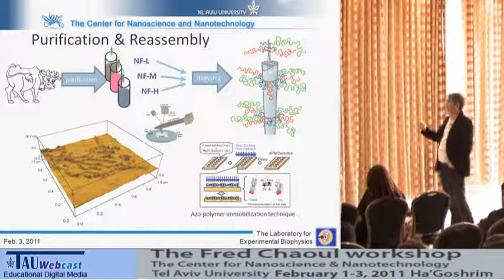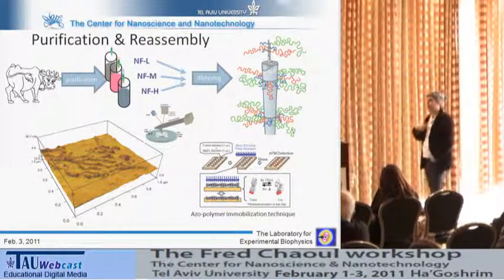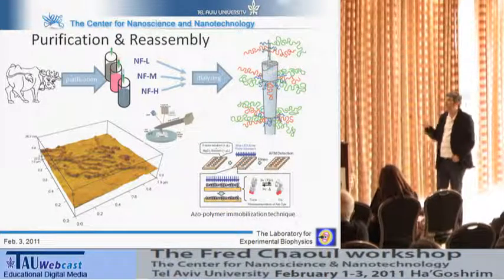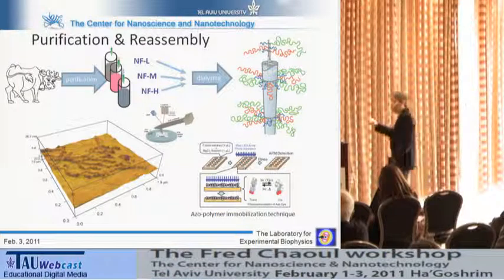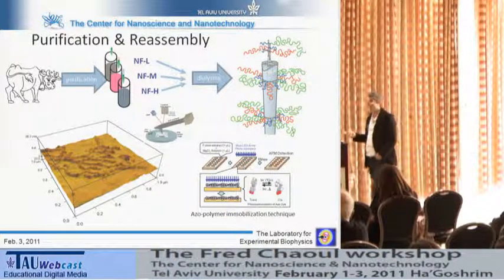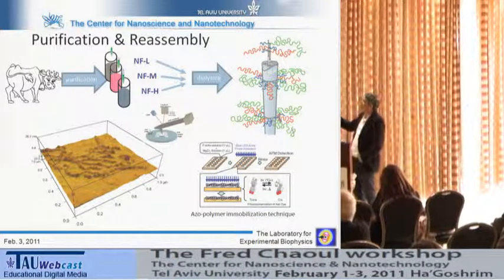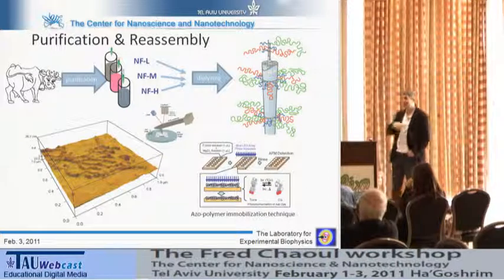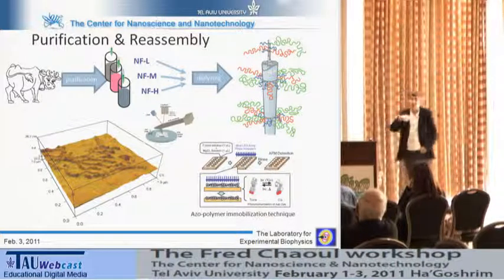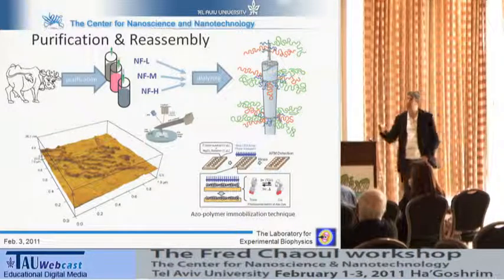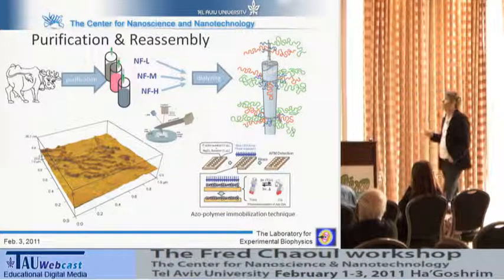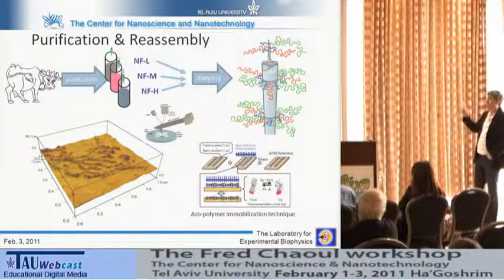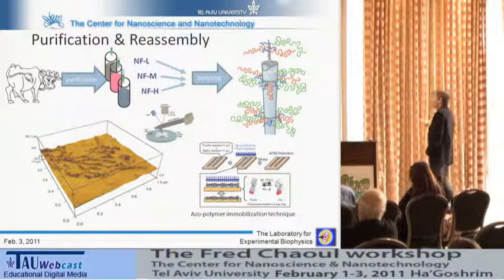You denature them at some point in the purification in urea, and after that, you just need to dialyze them out to water with salt, or buffer if you are a biologist or biochemist, and in the end, you get the filament back. So they are self-assembled. And the assembly is relatively rapid and robust because it's mainly driven by hydrophobic interaction. So they form these filaments automatically no matter what you want, if you want it or not.